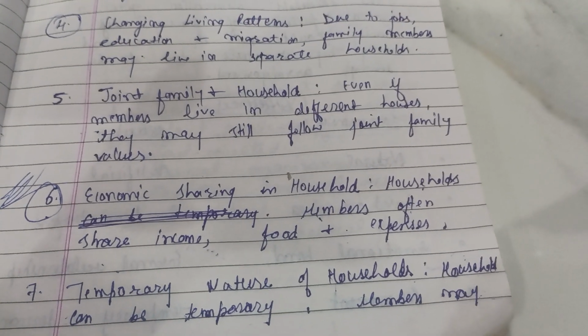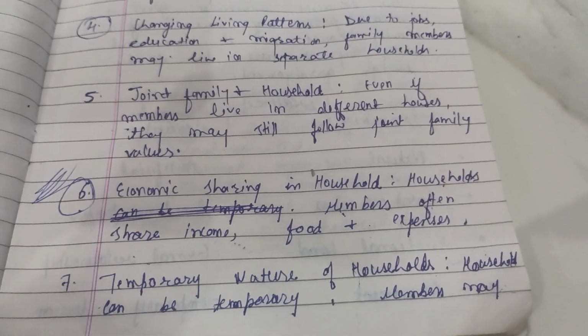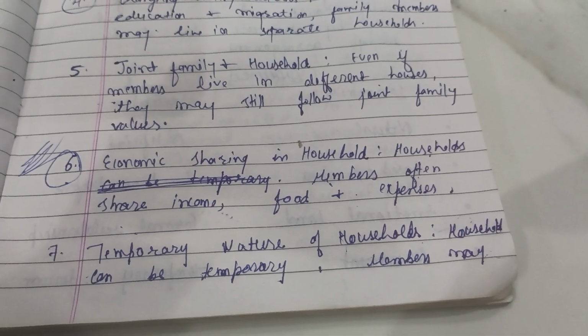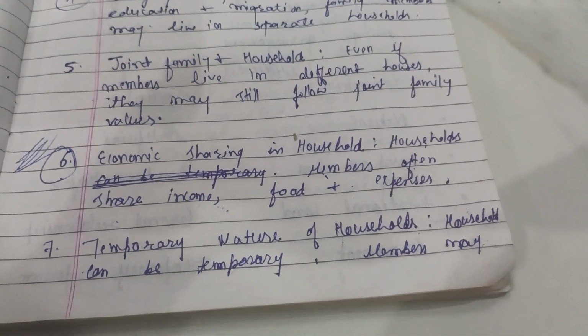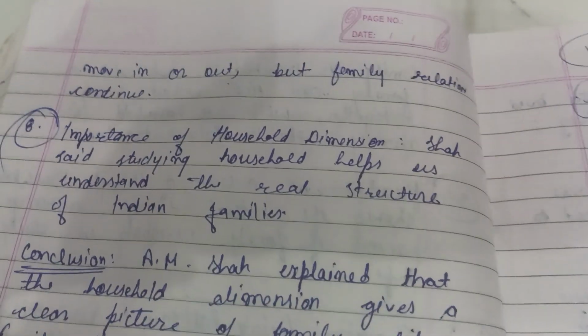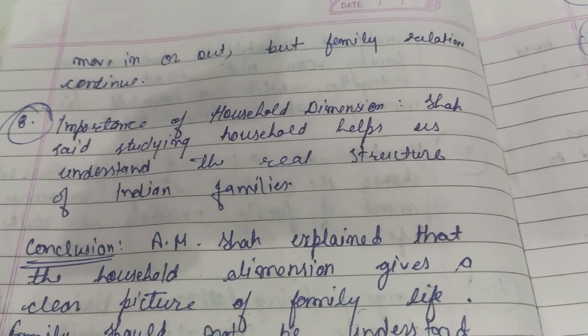Economic sharing in household: household members often share income, food, and expenses. Temporary nature of household: a household can be temporary. Members may move in or out, but family relations continue.